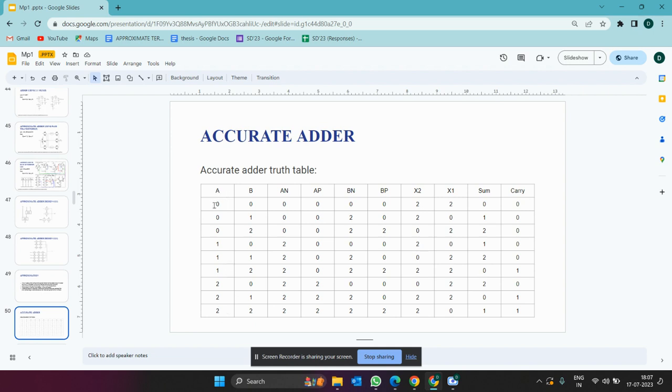So 0 is converted in NTI as 2. The inversion of 2 is 0. So here AN is 0.